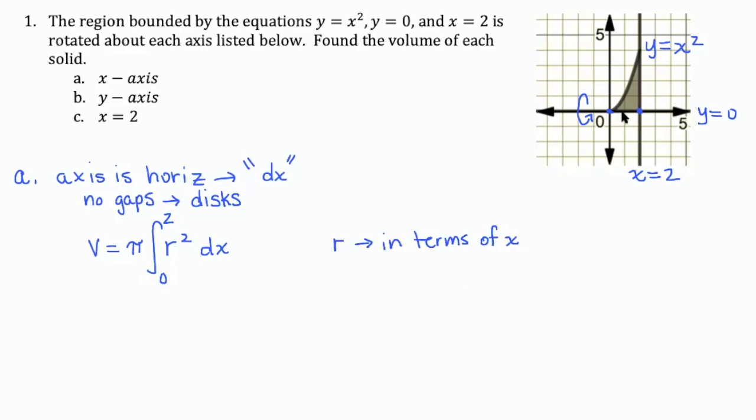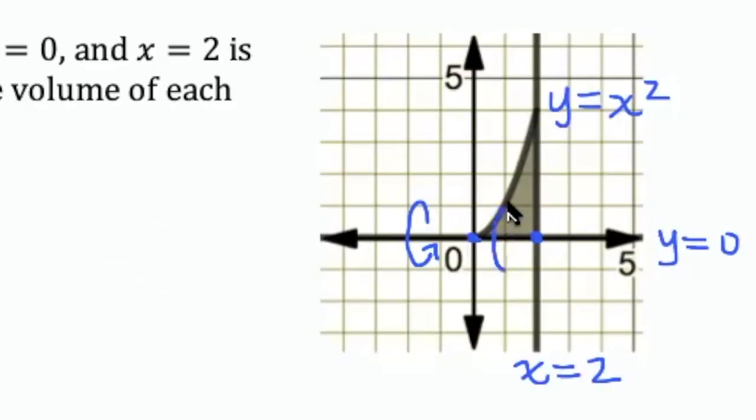So if I look at what's controlling the radius, if I'm creating a circle like this as the cross section, the radius is found by going from the axis of revolution up to the function. Now, if I do that at different x values, you'll notice my radius is not staying the same. It can be longer or shorter depending on what x value.